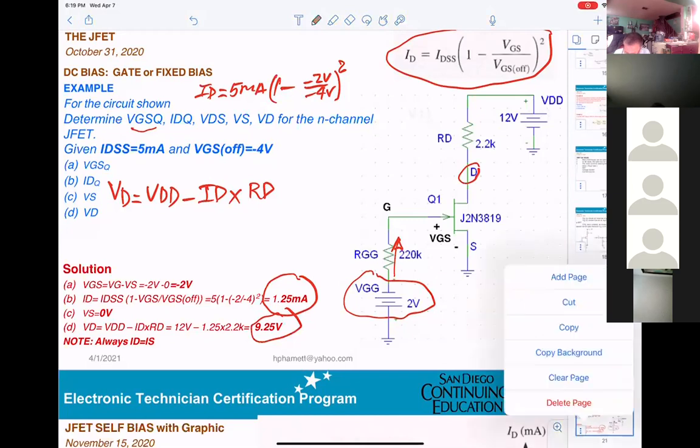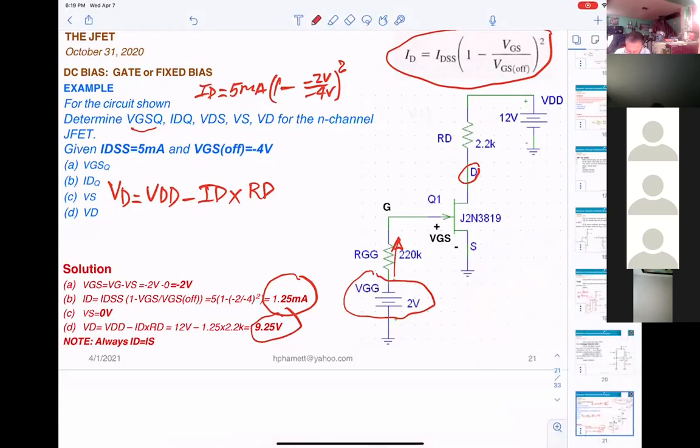Mr. Pham, at the bottom of that page, it says always ID is equal to IS, right? Can you explain that? I mean, voltage VS is 0, right? ID equal to IS.